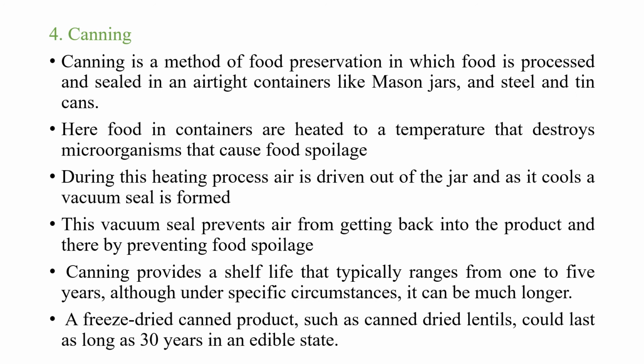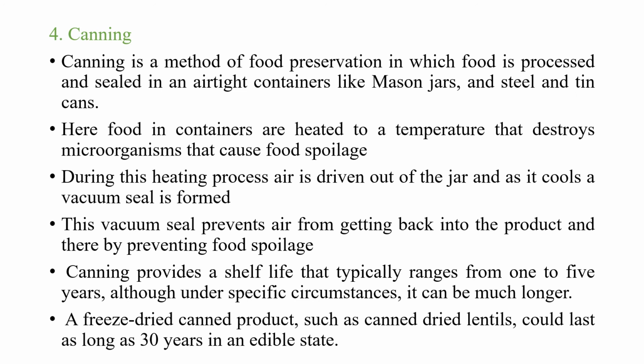It is one of the important methods of food preservation, and here the food is processed and stored in airtight containers. We can use either mason jars, steel cans, or tin cans. First we take the food in containers, and they are heated to a temperature that will destroy all the spoilage microorganisms already present in the food items.